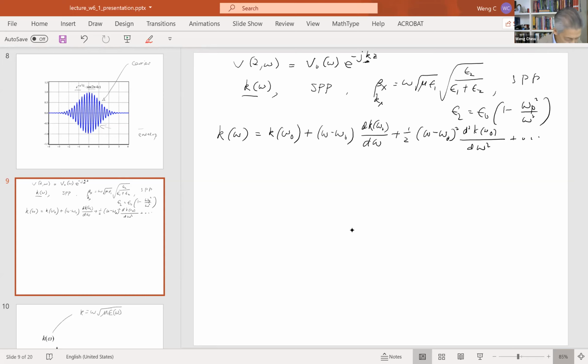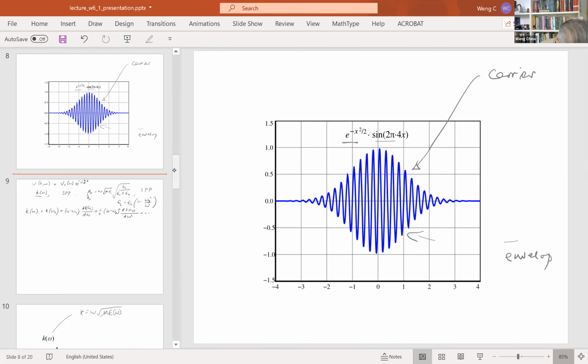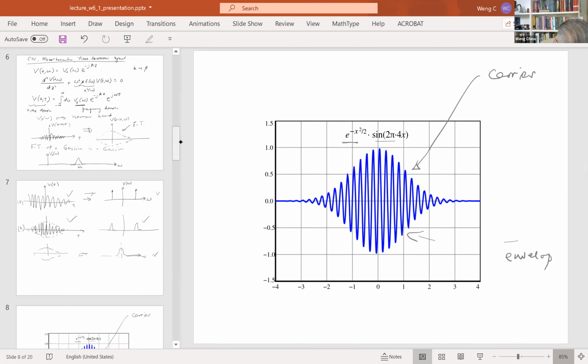Okay, what I should have then is that I plug it back into the previous formula to get the time domain signal. I'm going to plug it back here, back into this formula. Let me see if I can make it bigger.